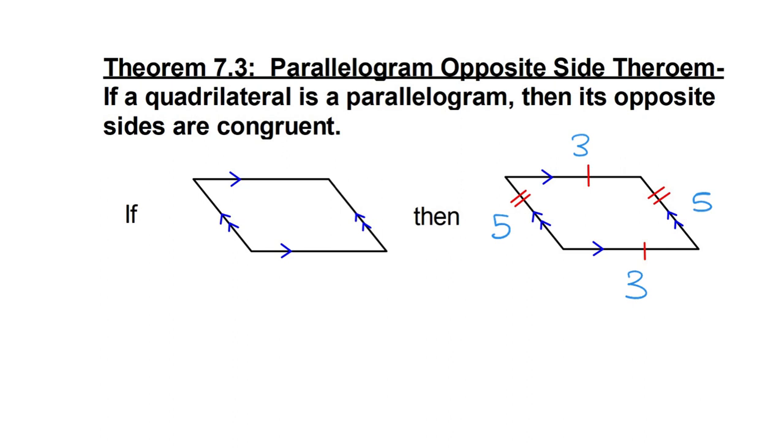So if later on you're asked to use the parallelogram opposite side theorem, what kind of calculation would you have to do to show that opposite sides are the same length? Well, you'd have to use the distance formula. Okay, so let's go ahead and write that down so we have that in our notes.